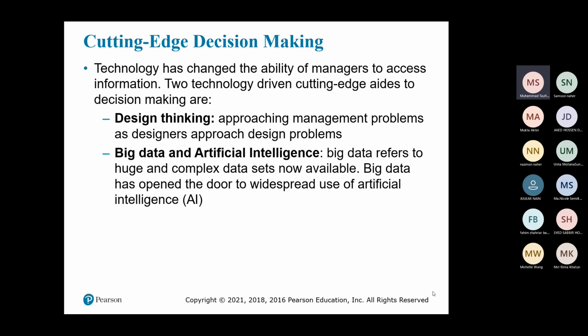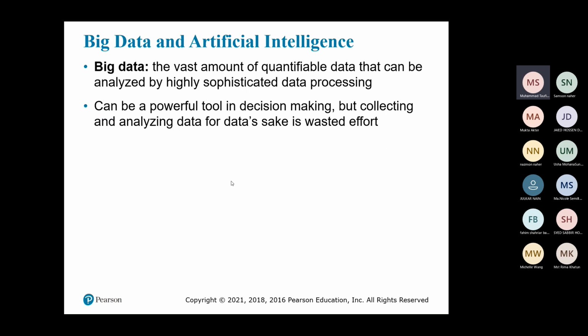Big data refers to huge and complex data sets. With the data sets now available, big data has opened the door to widespread use of artificial intelligence. So we use two technologies, big data and artificial intelligence, to create a better perspective of our problem.